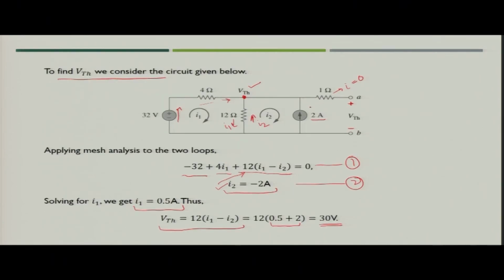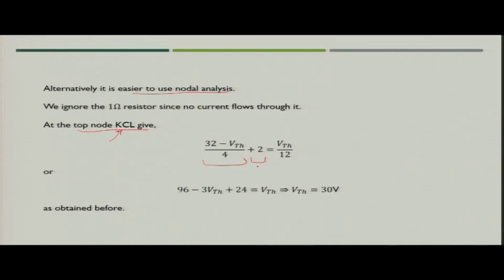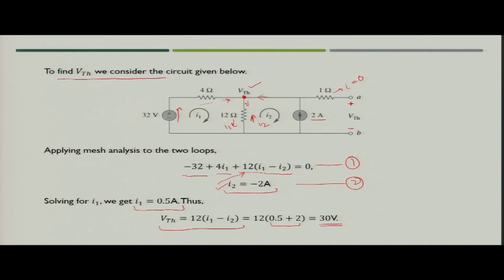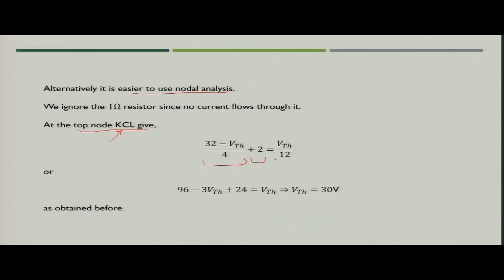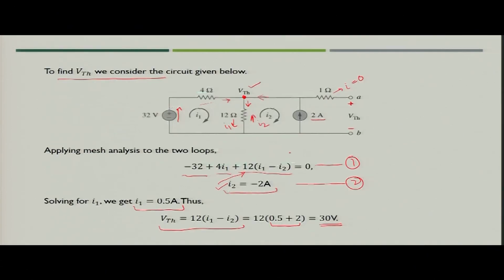Then next is 2 ampere current which is flowing in this direction. So, you can simply put the value of 2 ampere. Third is the current which is flowing in this direction. So, the current flowing in this direction would be sum of these two currents. So, finally, this would be equal to VTH by 12, because the voltage at this is VTH and the resistance connected between reference node and the node in question is 12 ohm.